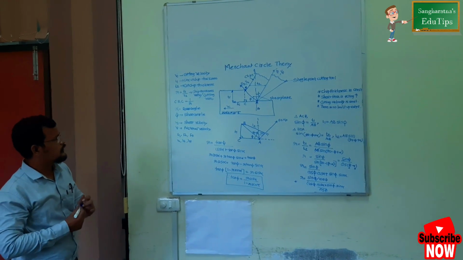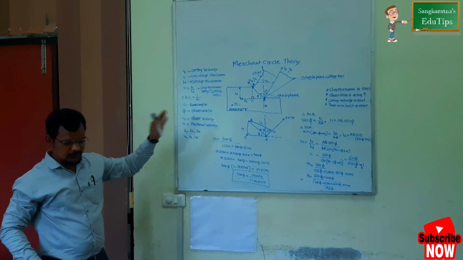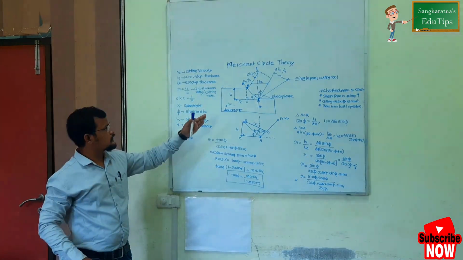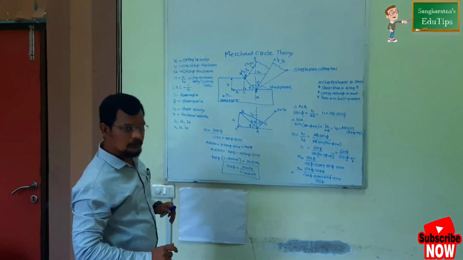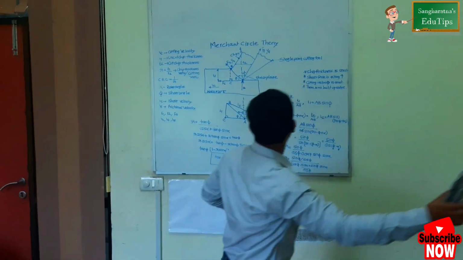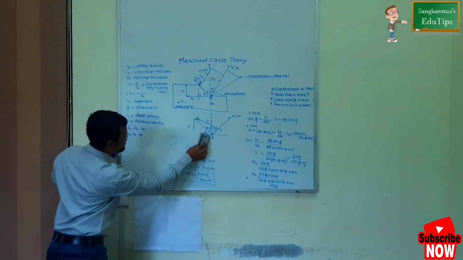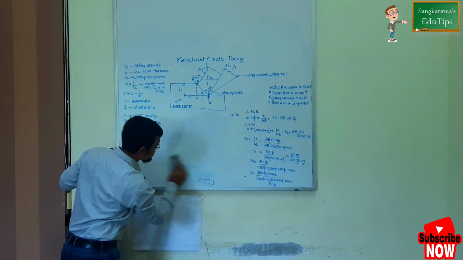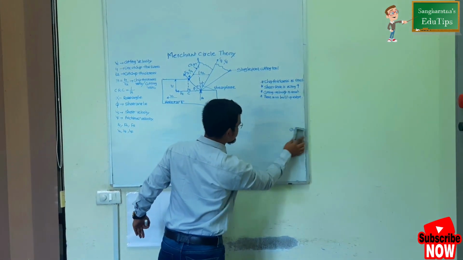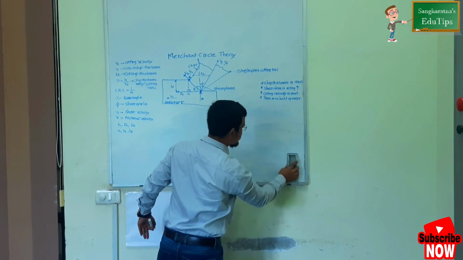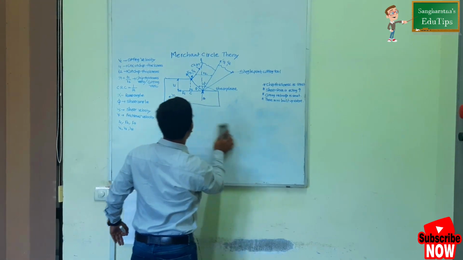Now the next step is to determine the various forces which are generated during the turning process. This is a very important question that will definitely be asked from mechanics of metal cutting: derive the merchant circle theory and how to determine the various forces.